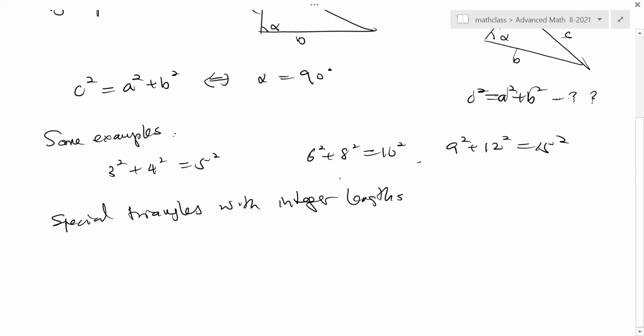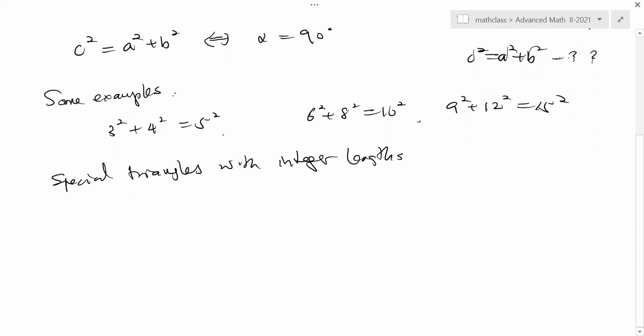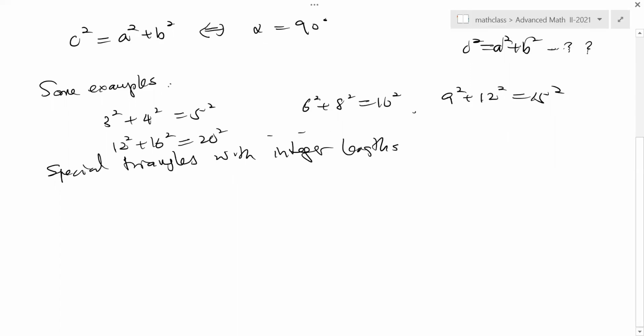Those are the three of them. I can multiply by 4 and get even more: 12 squared plus 16 squared equals 20 squared, and so on. Keep going and you get infinitely many, but essentially you only have one here.